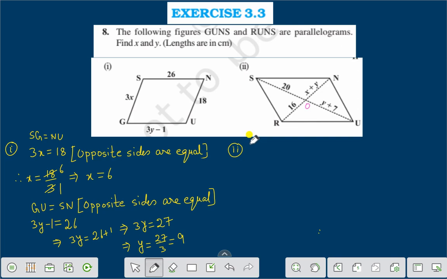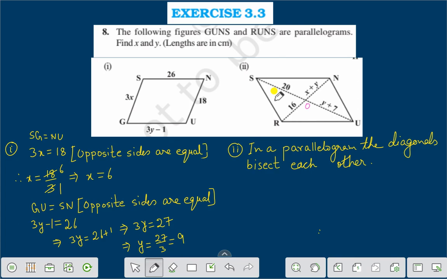We know that in a parallelogram, the diagonals bisect each other.